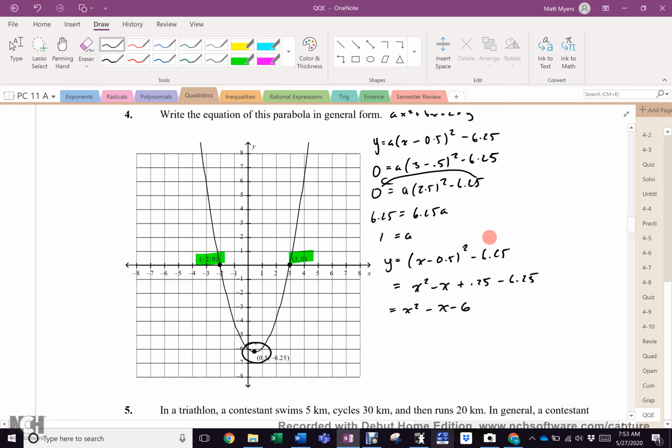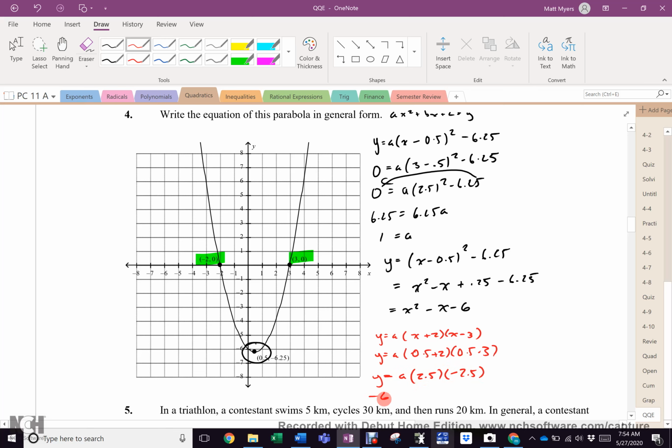The other way to do it is, of course, you take the roots. y equals x plus 2, x minus 3, sub in y equals 0.5 plus 2, 0.5 minus 3, so y equals 2.5 times negative 2.5.